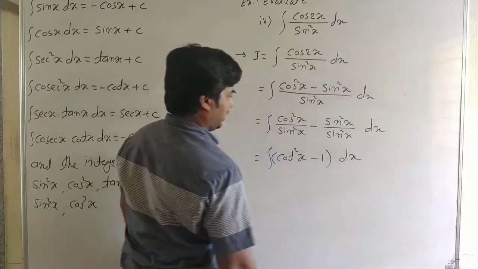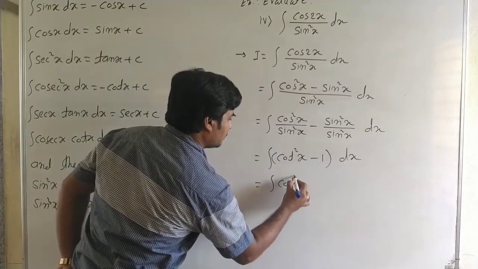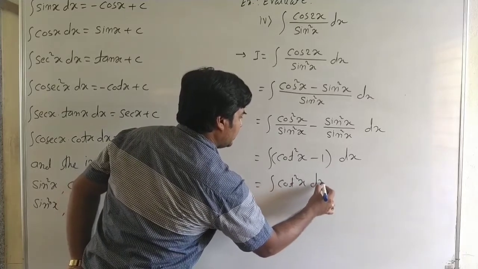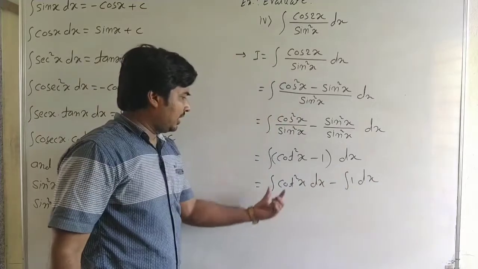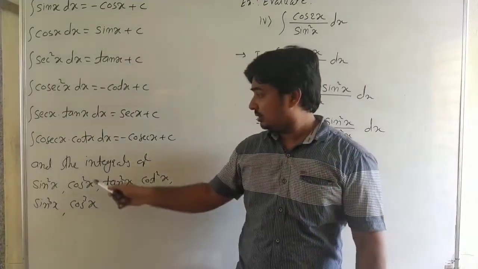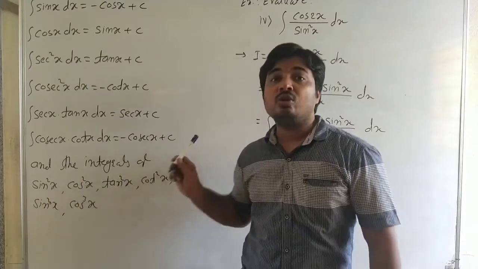dx. Now we find the integral of cot square x dx and minus the integral of 1 dx. But here again it is a cot square x, and in the last lecture we saw the integrals of sin square x, cos square x, tan square x and cot square x.